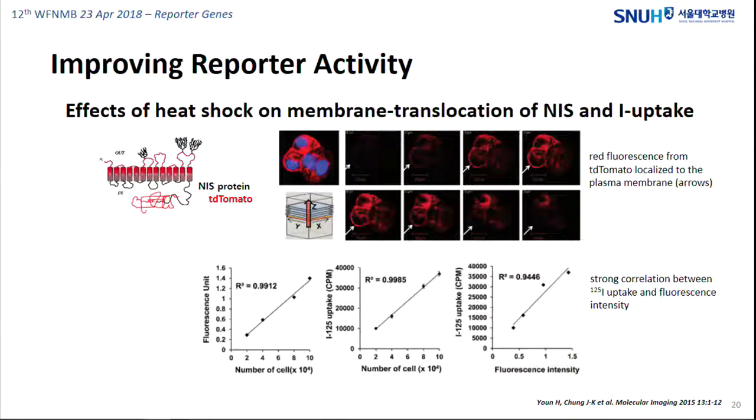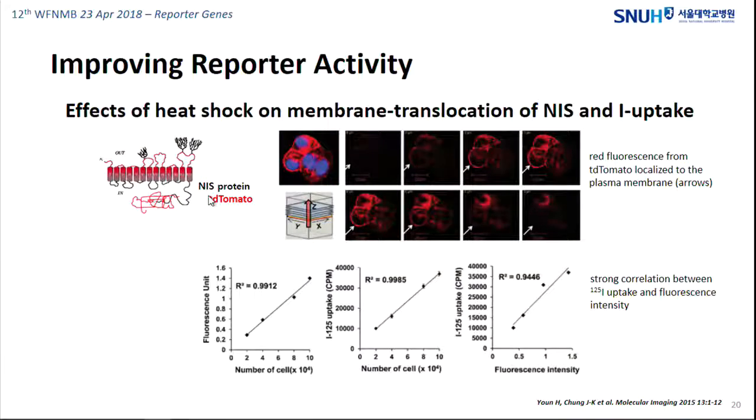So there are several kinds of treatment to improve its integration into the membrane. One is that folding is really important, so heat shock, many heat shock proteins, can contribute to the folding of the protein. So we tested with heat shock.